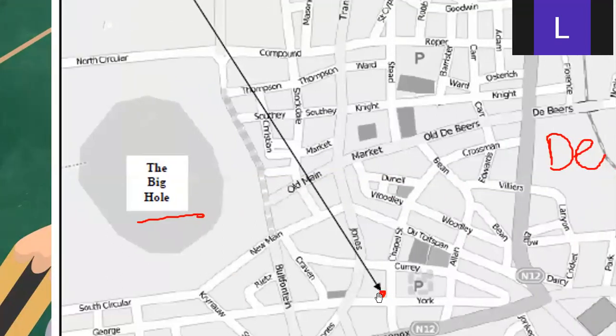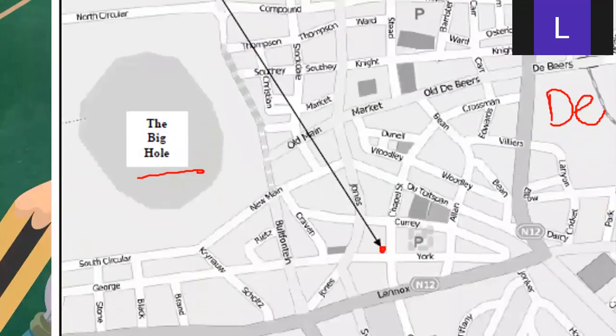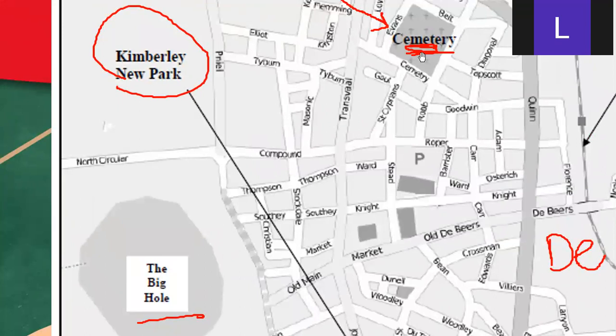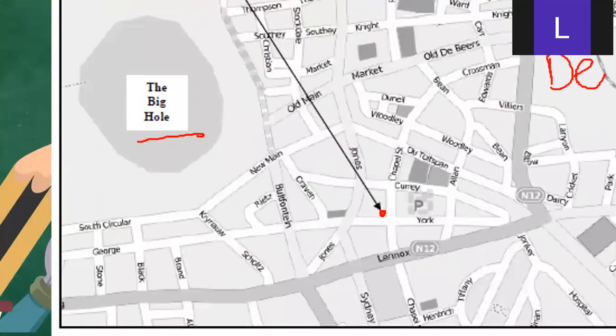There's a park, right? Center Park. We're going to the cemetery. There's the cemetery there. For this one, you can see that this person will have to enter Chapel Street, right? Turn left or turn right?